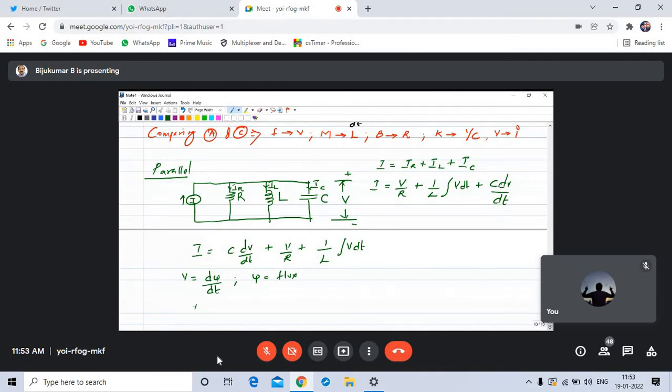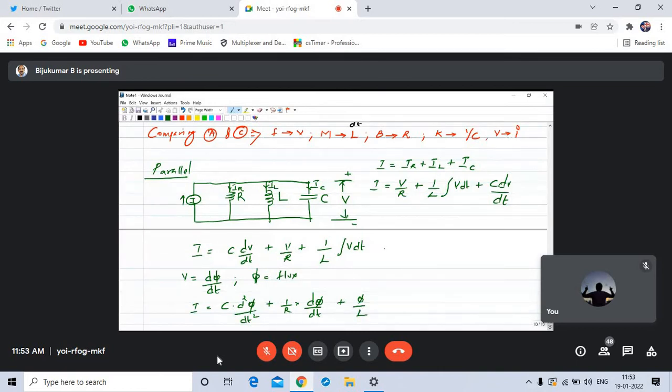So again we can write I is equal to C into d square psi by dt square plus 1 by R d psi by dt plus, instead of psi you can write flux phi, plus phi by L, right?